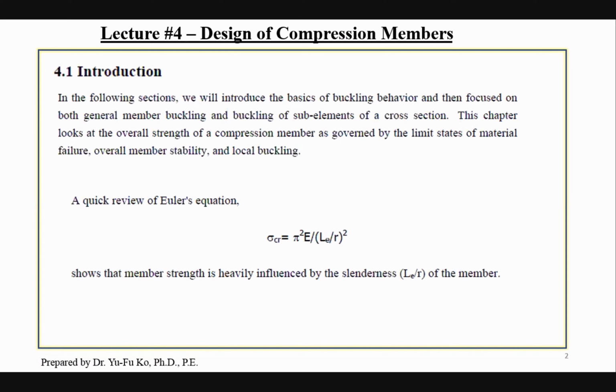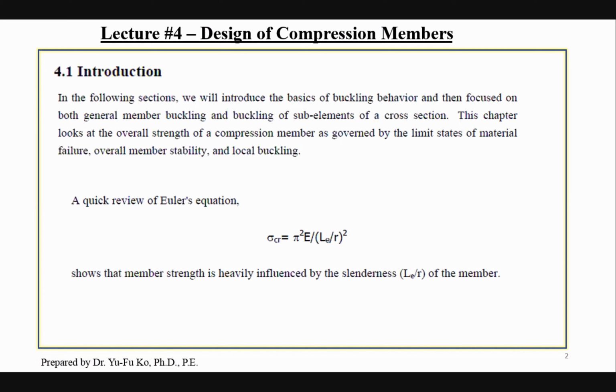So Euler's equation regarding the buckling, sigma critical is a buckling stress. CR here is a critical. Critical buckling stress is equal to pi squared times E divided by (L_E over r) squared. The L_E here stands for effective length, and r is the radius of gyration that we covered before.